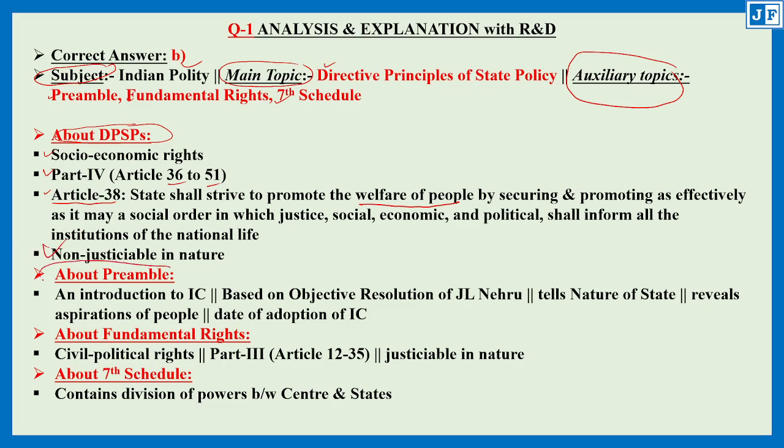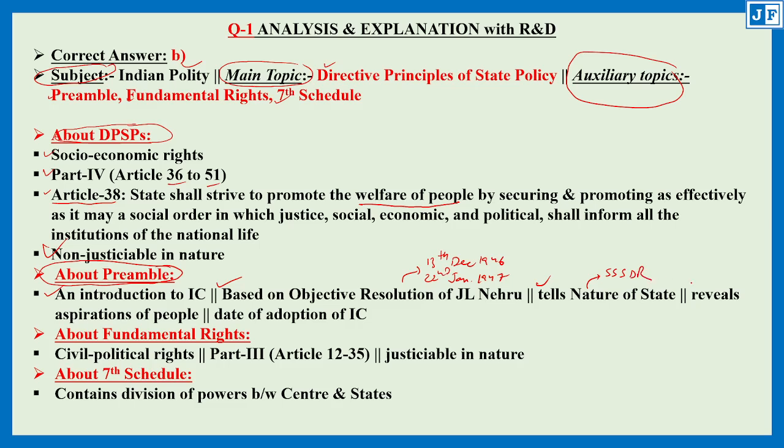Regarding preamble, we also need to learn some facts. It is an introduction to a constitution. Indian preamble is based on the objective resolution presented by J.L. Nehru in Constituent Assembly. He presented it on 13th December 1946. It was unanimously adopted on 22nd Jan 1947. It tells the nature of Indian state, which is sovereign, socialist, secular, democratic republic.